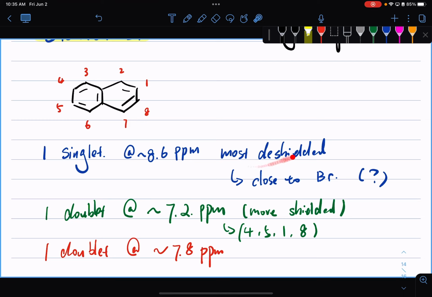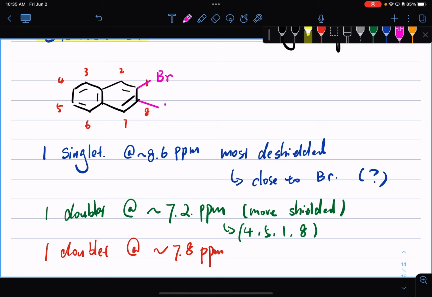And also it is more deshielded, which means this blue one is closer to your bromine atom. From the other point of view, at this more shielded one, we only have a 1:1:1 ratio, right? We only have 2 hydrogens that are more shielded, my green hydrogens. So what are the possibilities? The chances are we can put our bromine at either the 1,8 or 4,5 position.